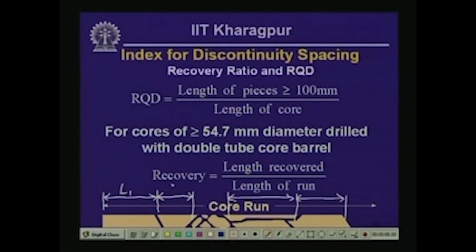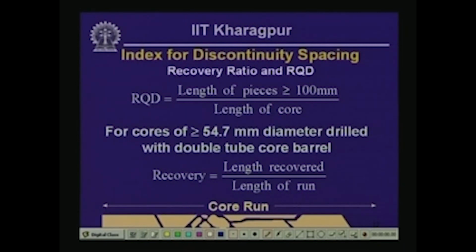Let us call this one L1, this one L2, then the third piece L3, and the fourth one L4, and the core run in this case, let us express that by the symbol R. So, RQD is going to be equal to L1 plus L2 plus L3 plus L4, and this entire thing is going to be divided by R, and this particular ratio is oftentimes expressed as a percentage.